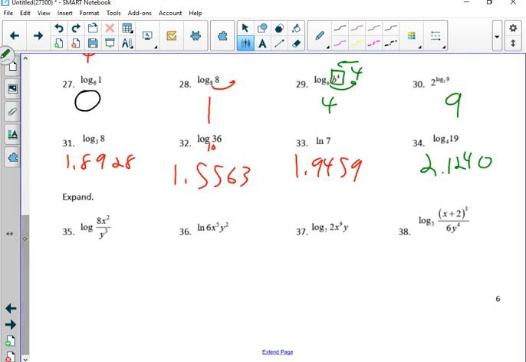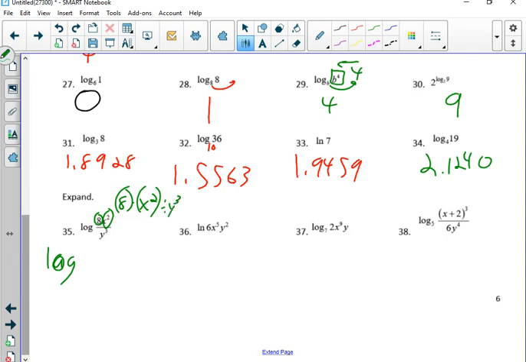Now we're expanding. Remember, when we expand, we're going to write log more than once. Not lag, log. Now let's think about this. We have 8 times x squared. There's no dot, but that's what it means. You can think about it in parentheses. Divided by y cubed.